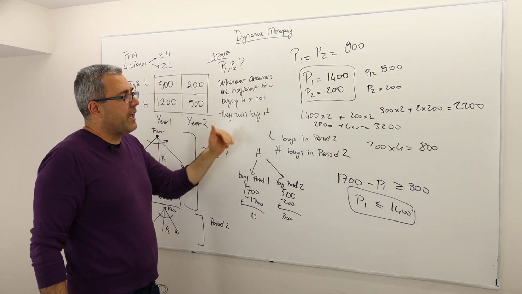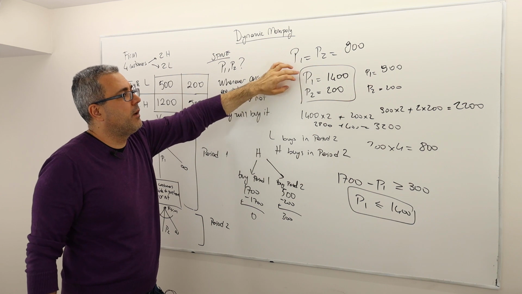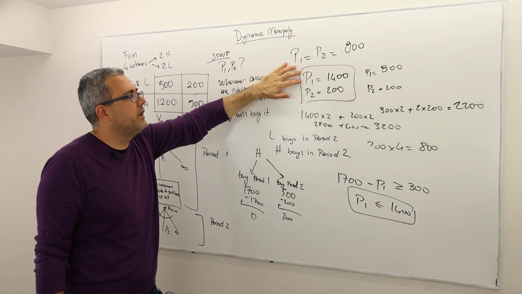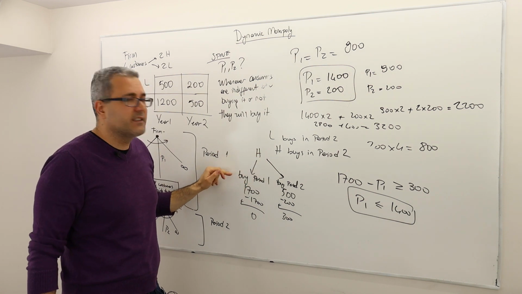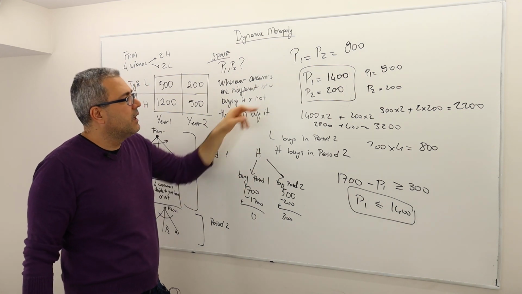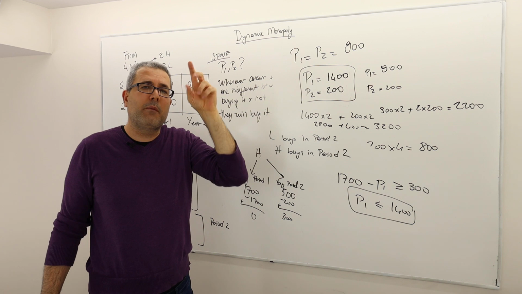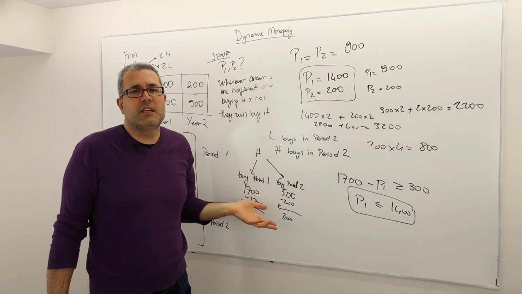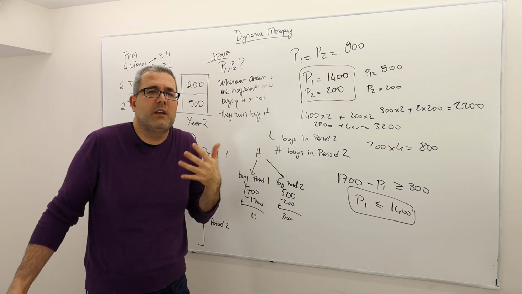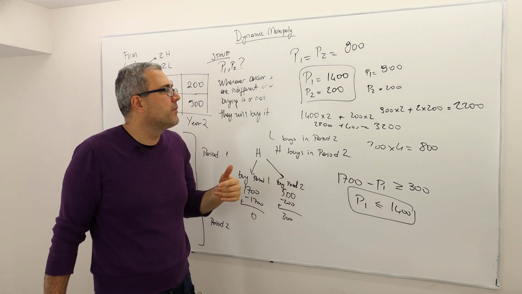And if you again check, the low types will not buy this cell phone in the first period, they're going to buy it in the second period, and the high types are going to buy the cell phone in the first period because they are deriving, remember, 300 units of utility, which is exactly the same as buying this cell phone in the second period, but we assume that they're going to buy it in the first period.